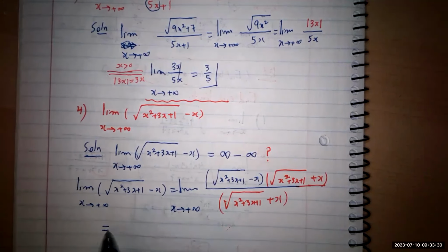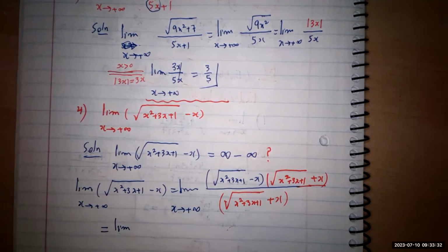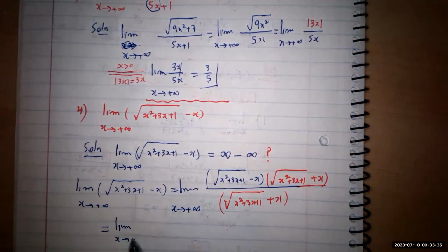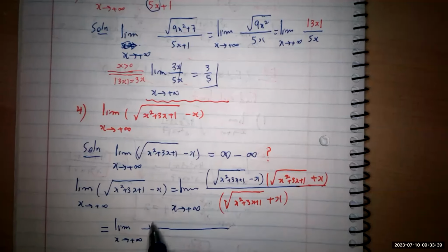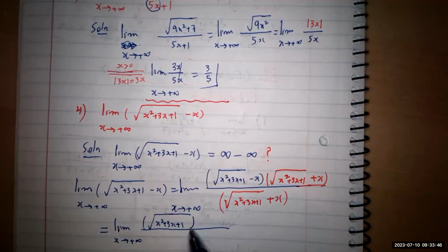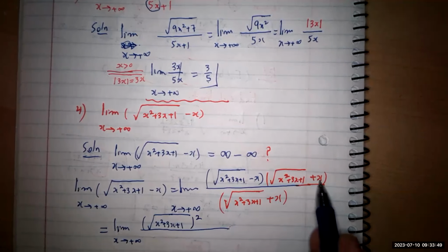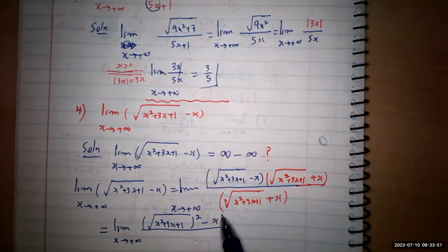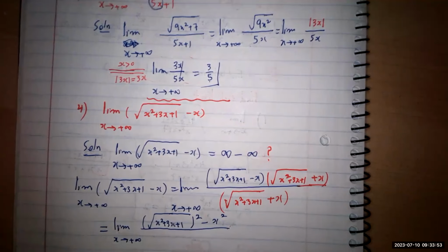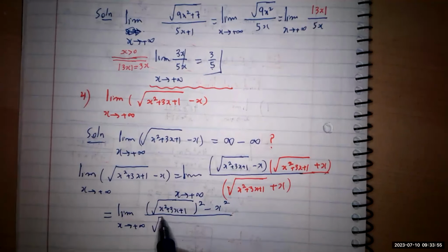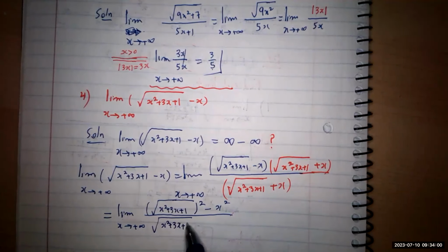So when you multiply, it's going to be the limit as x goes to positive infinity of the square of the first one, the square root of x squared plus 3x plus 1, all squared, minus the square of the second one, which is x squared. The bottom one would stay the same: the square root of x squared plus 3x plus 1 plus x.